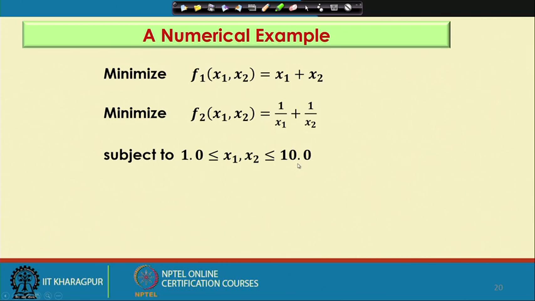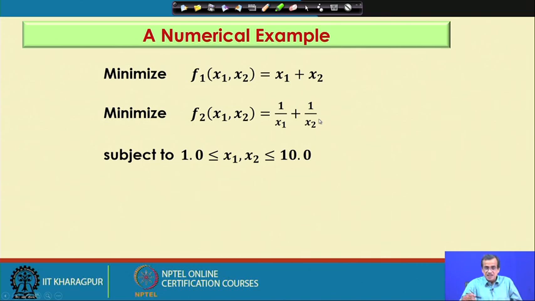Now, let us examine the nature of these two objectives. The first is x1 plus x2, and the second is 1 by x1 plus 1 by x2. For a particular set of values, I will be able to calculate f1 and f2.